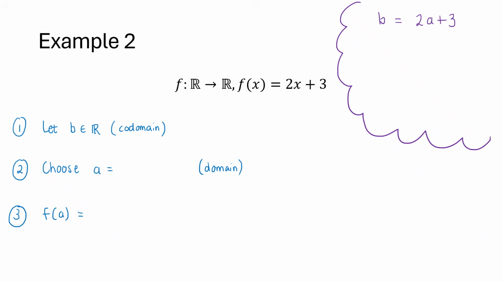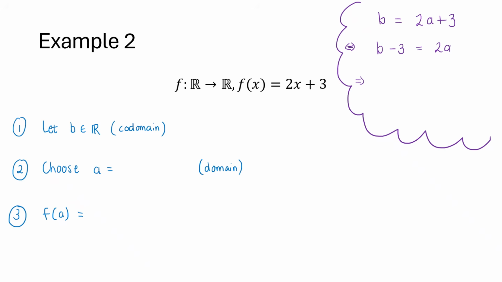We want to know what A will actually look like. If this were to be the case, we still have to test if it is. Okay, if we try to solve this for A, we can take the 3 over to the left-hand side. It becomes B minus 3 is equal to 2A.